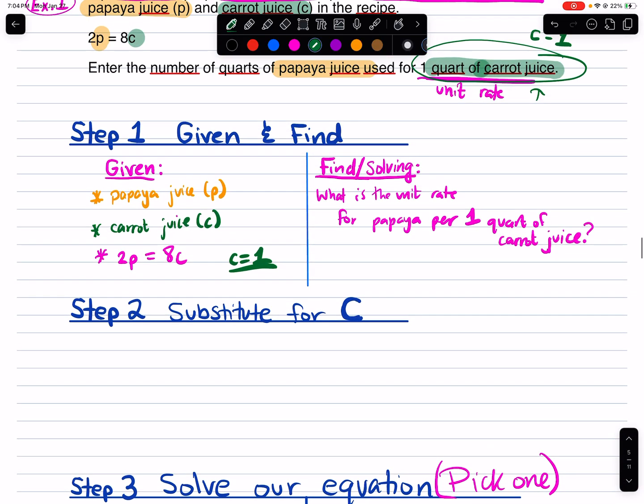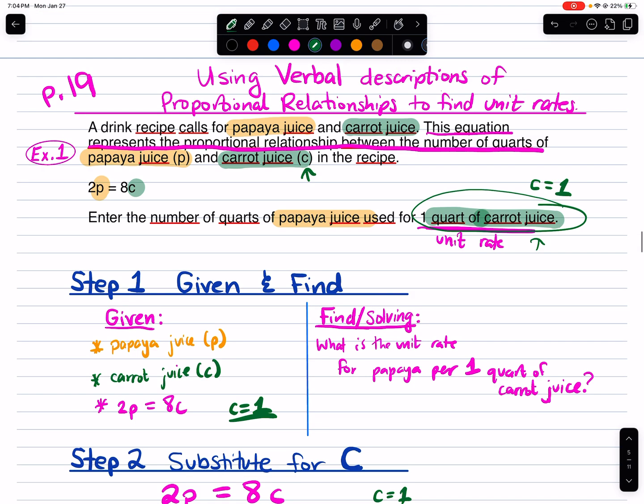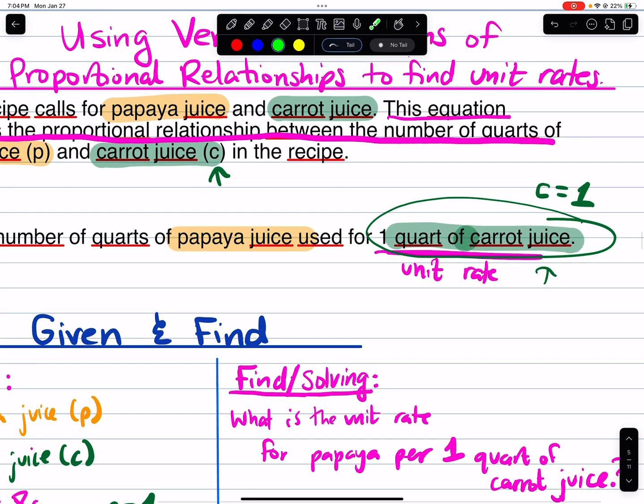Okay, now we need to write down the formula. So 2P for papaya juice is equal to 8C. We know that C equals 1 because this question even says 1 quart of carrot juice. So we know that if we had a table and we had carrot juice on one side, it would say 1, and we need to figure out what the other side is.